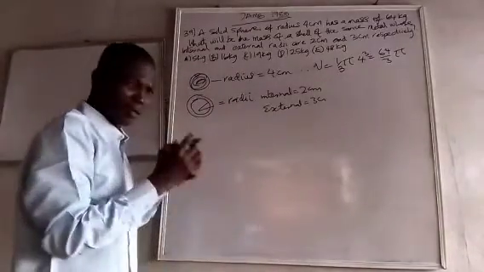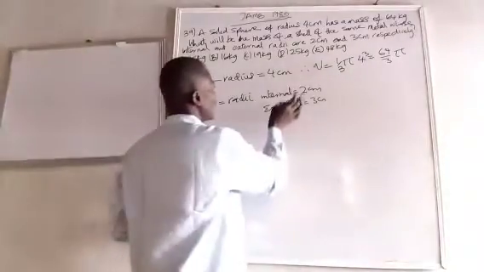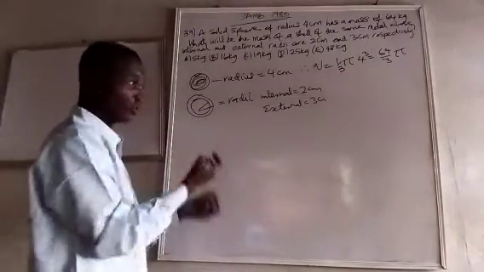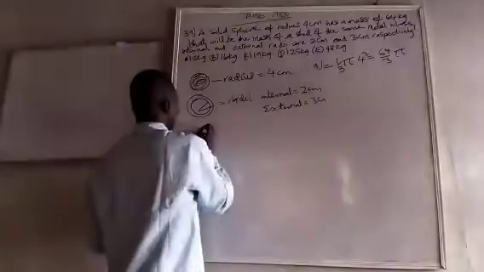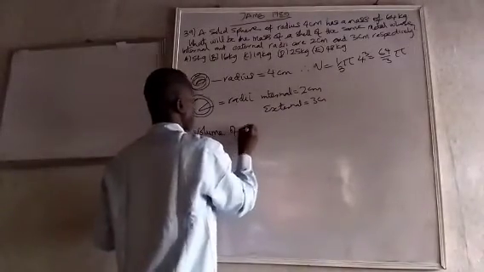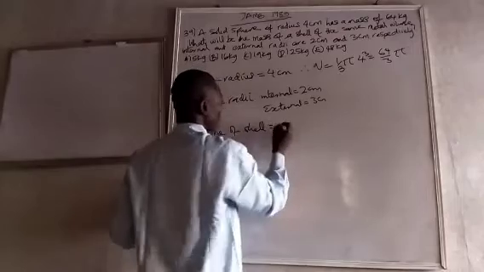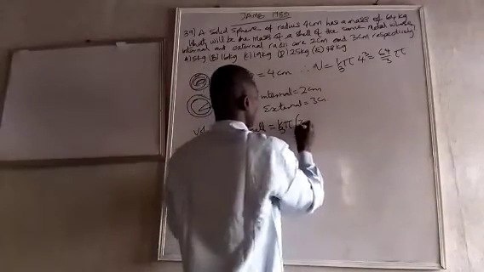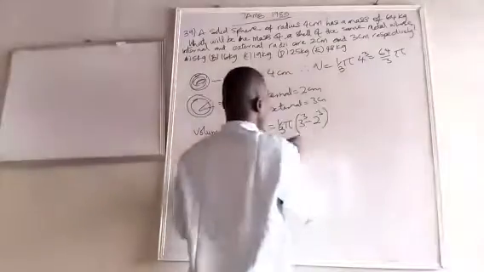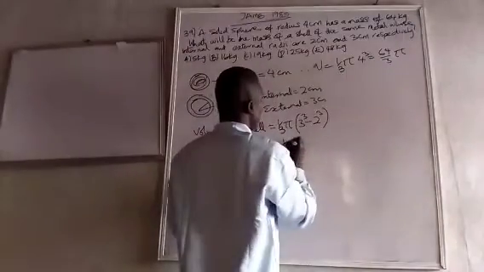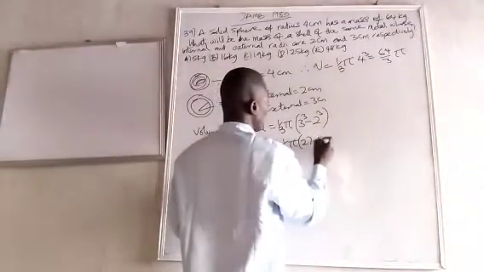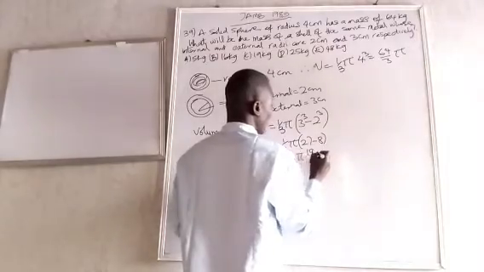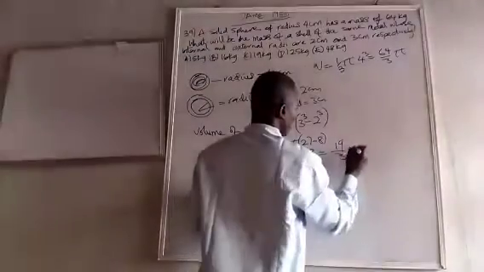So the volume of the shell itself is going to be the volume of the whole minus the volume of the cup, so that is the volume of the shell is going to be 4 over 3 pi times 3 cubed minus 2 cubed, which is 4 over 3 pi times 27 minus 8, which is 19 over 3 pi.